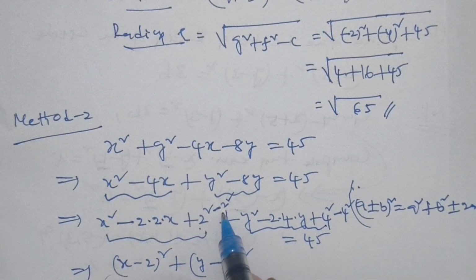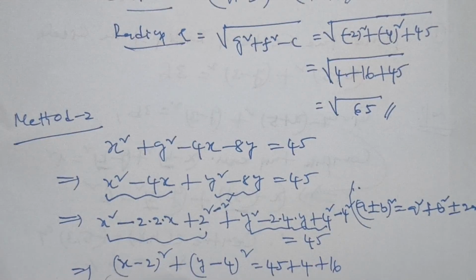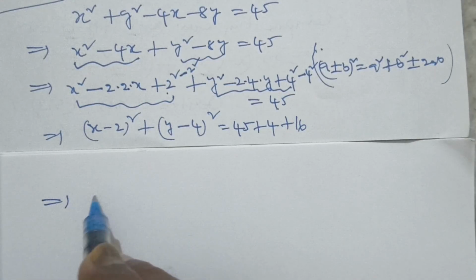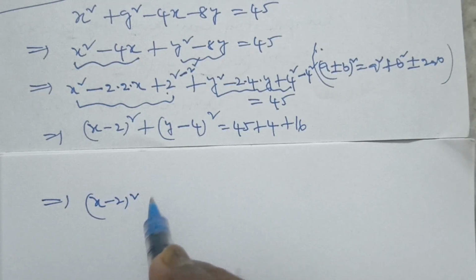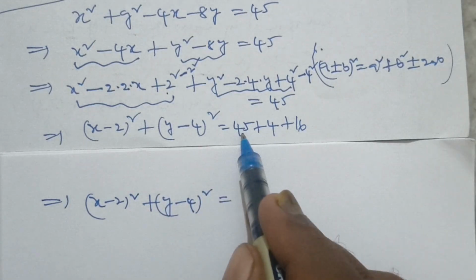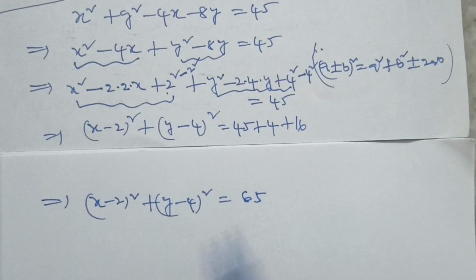Now the y values, y square minus 2 into 4 into y plus 4 square, up to this we have y minus 4 whole square is equal to 45 minus 2 square taken to this side, that is plus 4, minus 4 square taken to this side, that is plus 16. Now the left hand side is x minus 2 whole square plus y minus 4 whole square equals to the right hand side, 45 plus 4 plus 16 is equal to 65.